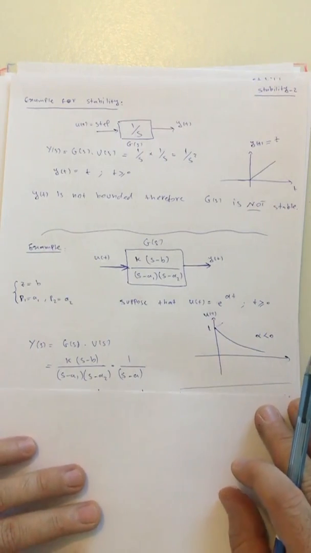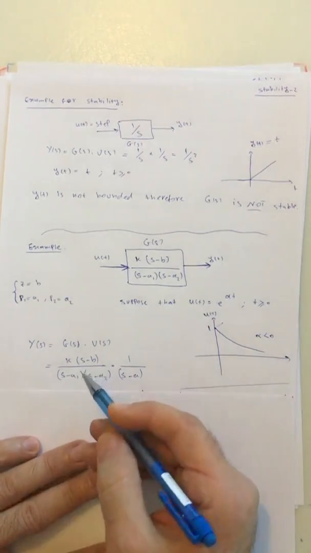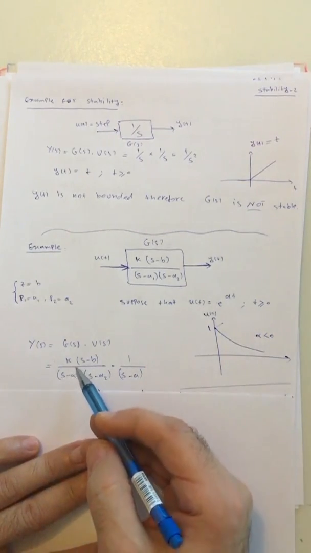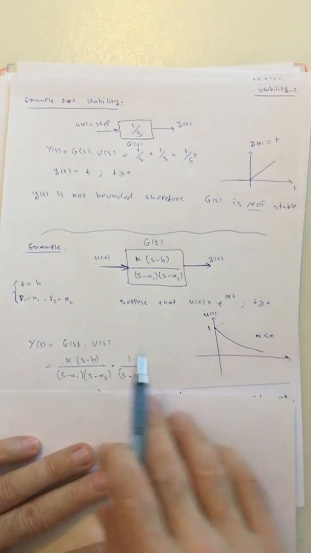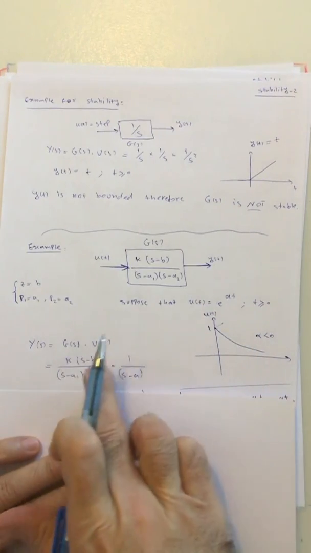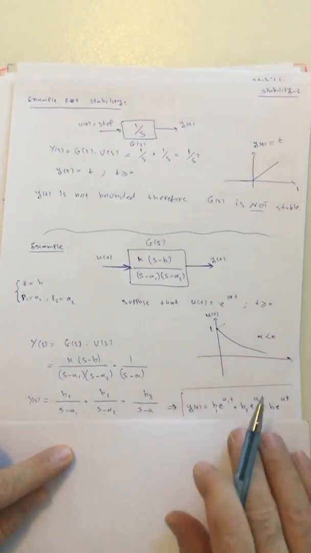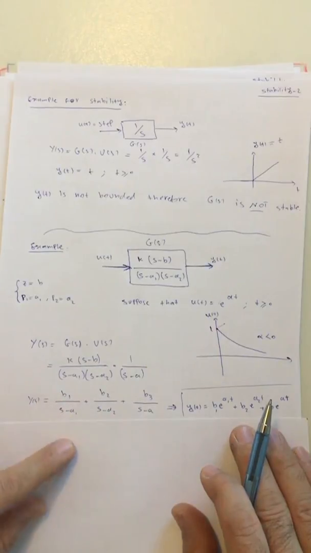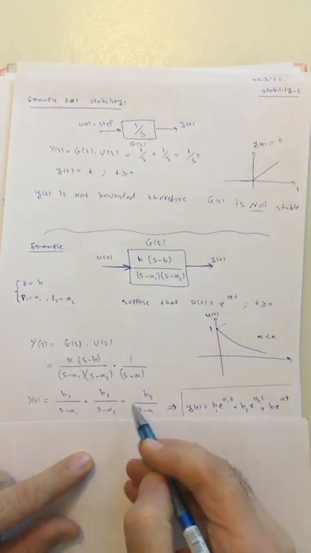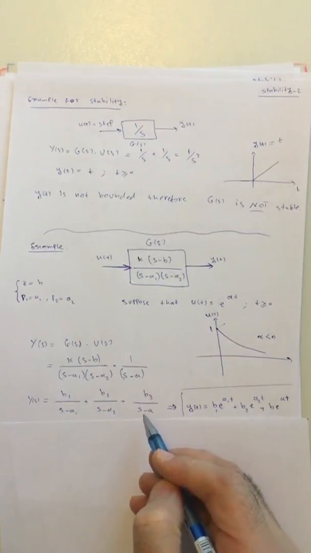and the next step is to find the inverse Laplace transform of this transfer function. To do that, we should write this transfer function as the summation of 3 terms. So we have these 3 terms here: b1 over s minus a1, b2 over s minus a2, and b3 over s minus a.